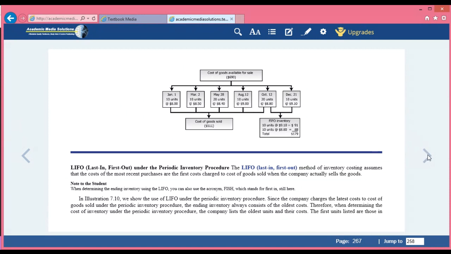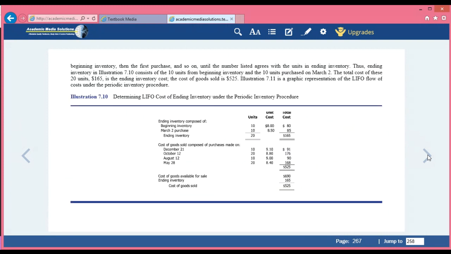Okay. All right, now let's go here and look at LIFO. Same example. In this one, they assume last in, first out. So they're saying that of the 10 units, they're going to come out of the beginning. They're using the same illustrations from the other problem. So they're showing in cost of goods sold all the last units.